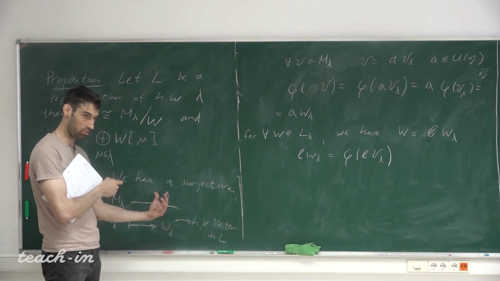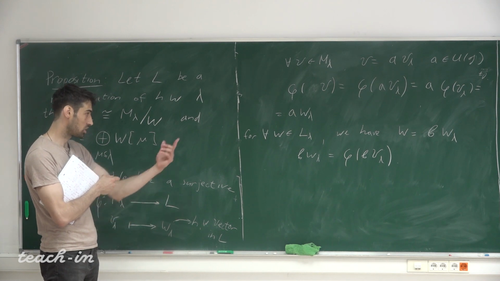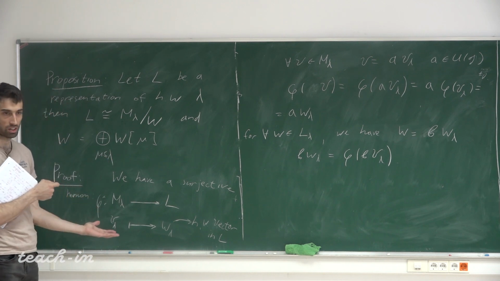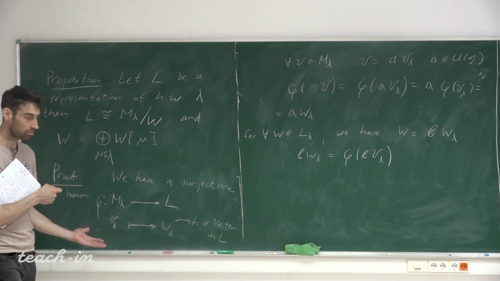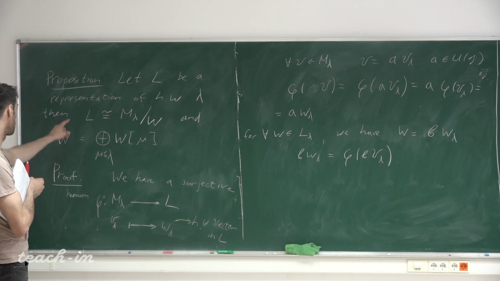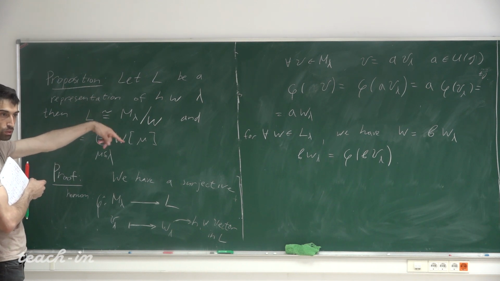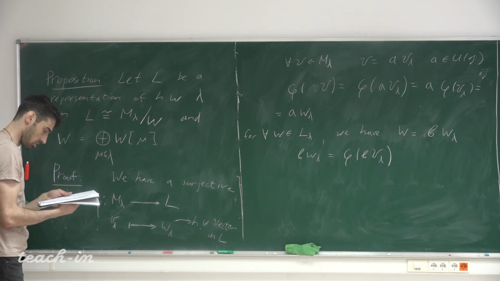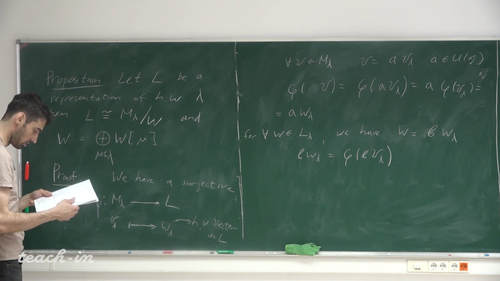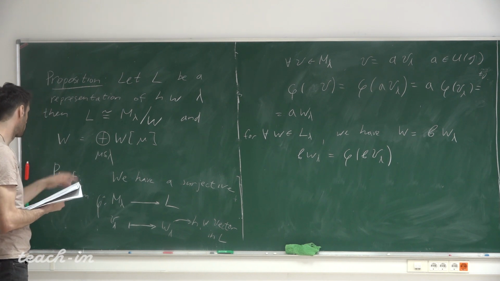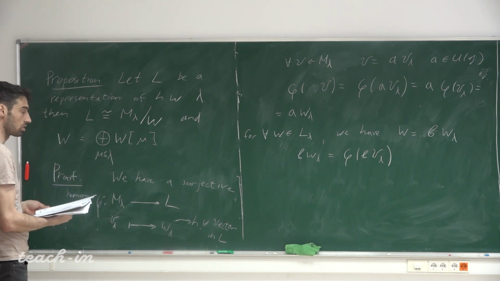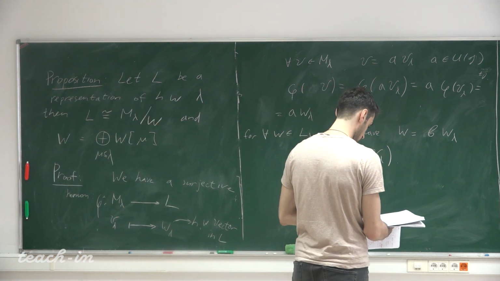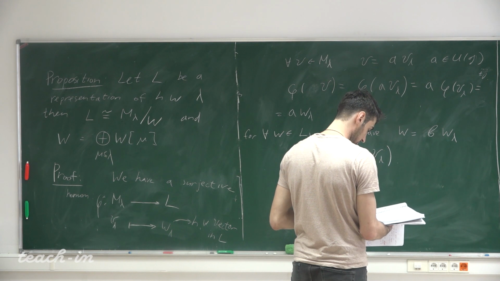It's a homomorphism of Lie algebra representations, and it's surjective because of what I wrote. So I constructed everything. So we proved that L is a quotient of M lambda by something. Okay. Let's prove that W, which is the kernel of phi, admits weight decomposition.